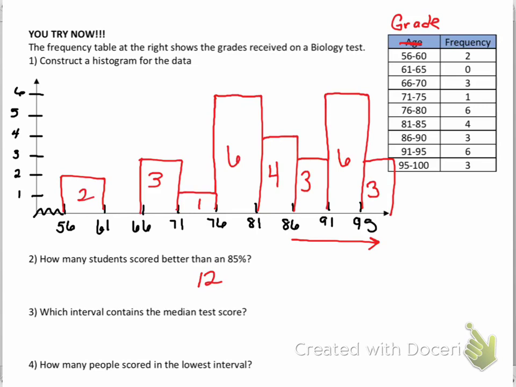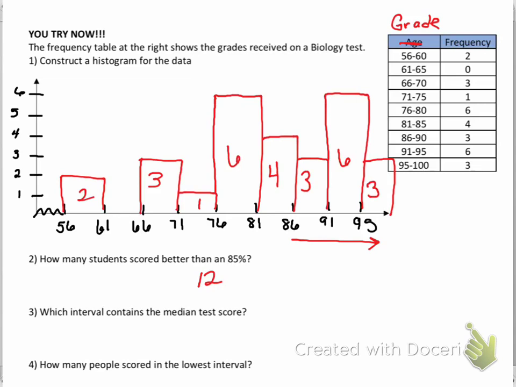Which interval contains the median score? I'm going to count out all the students that were tallied, the frequency, I should say. So 2, 3, 1 plus 6 plus 4 plus 3 plus 6 plus 3. So there were 28 students.